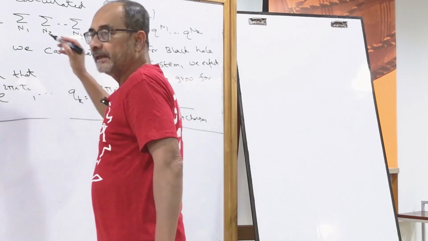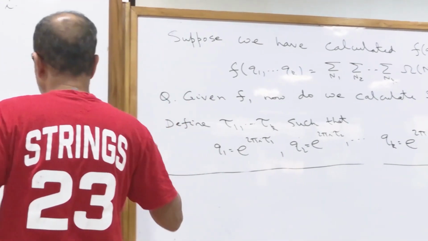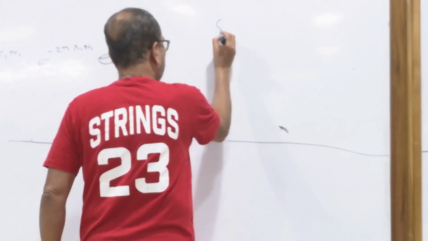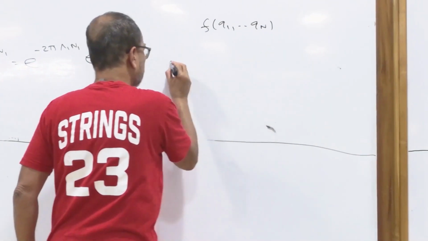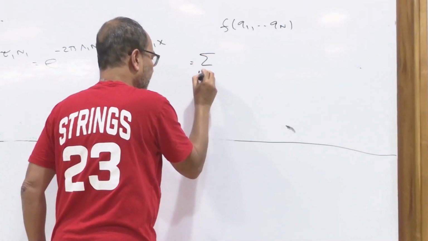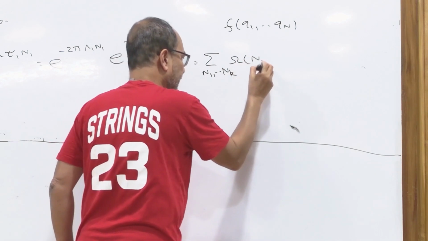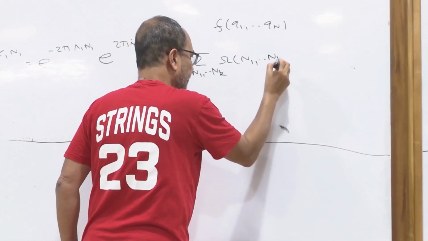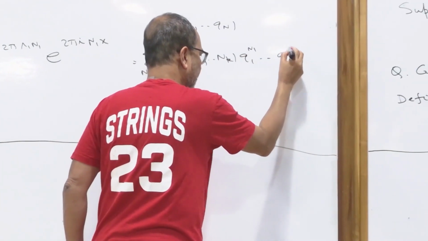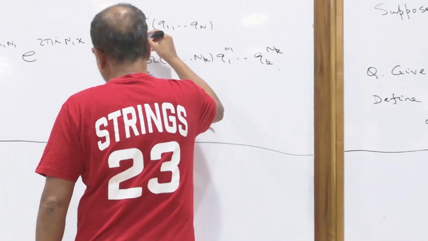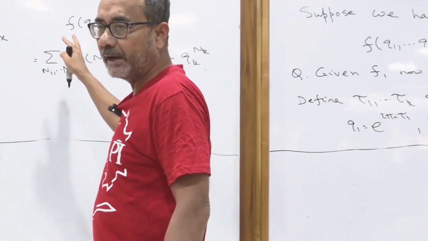These Q's came because I defined f of Q1 to Qk as the sum over n1 to nk of omega n1 to nk, Q1 to the n1 up to Qk to the nk. This is just arbitrary complex variables. We define this for arbitrary complex variables. So these Qi's are not charges.